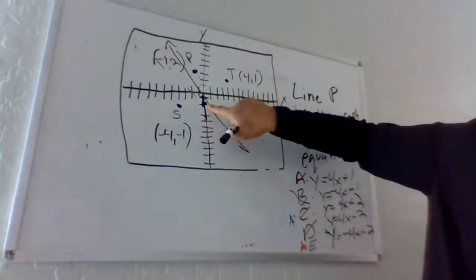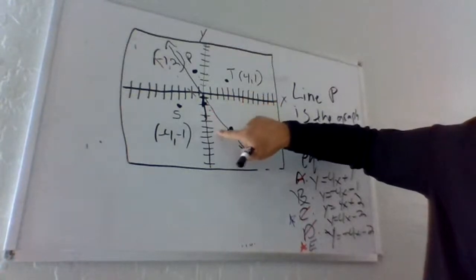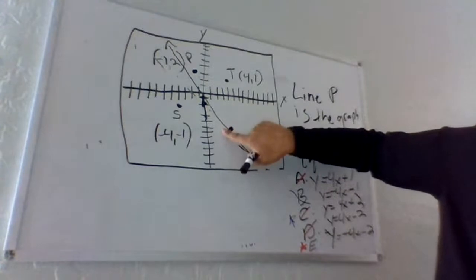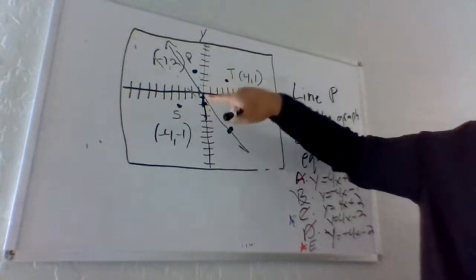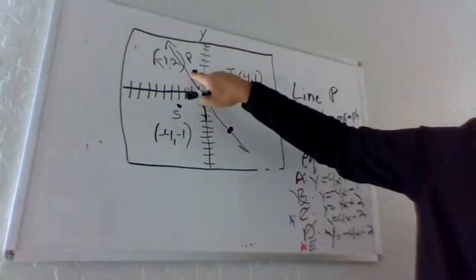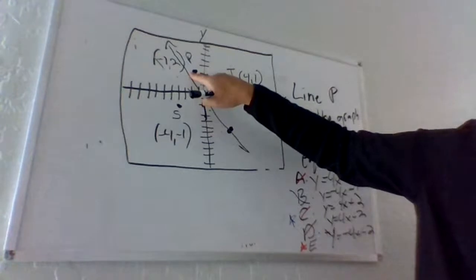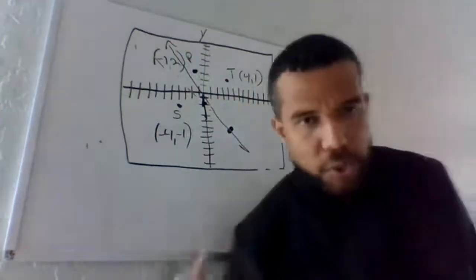If I go to negative 2, I fall 4, 1, 2, 3, 4, and I run 1. I know I'm going to be about here. I'm also going to rise 4, 1, 2, 3, 4, then run 1, doing the same thing in reverse. And I know that both points would hit. So you can use a graph.